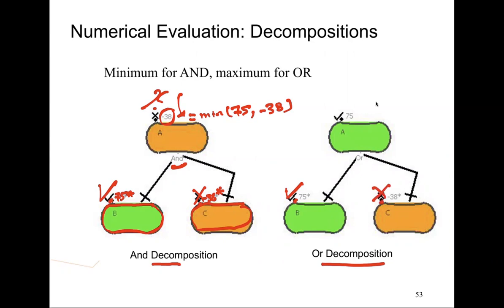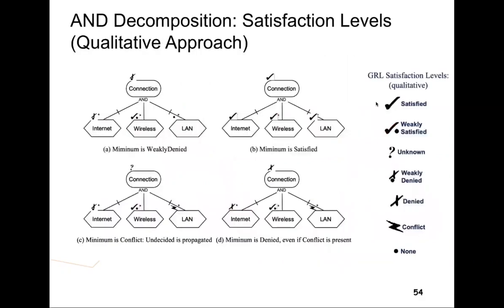So this soft goal is weakly satisfied with a satisfaction level of 75%. This shows that we can do AND and OR decomposition based on numeric values.